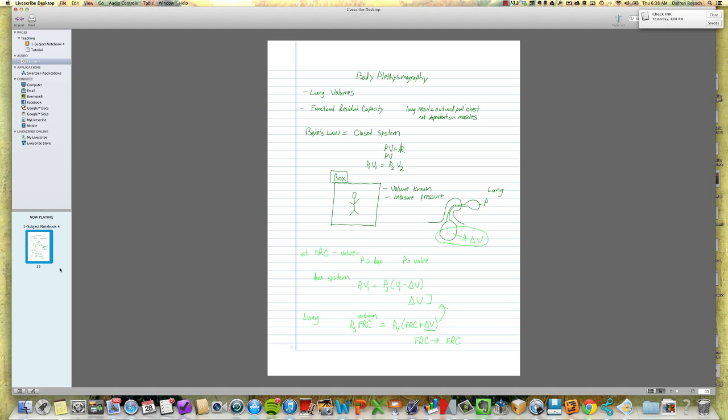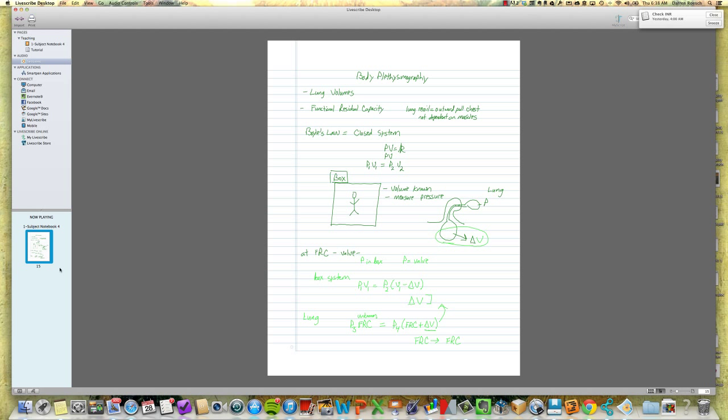By this second system, what we do is we tell the patient to breathe, and then when we notice that the patient is at the functional residual capacity, a valve is closed. And as that valve is closed, the patient is instructed to breathe against that closed valve. And as a result of that, this lung volume will change as the patient inspires against this closed valve.